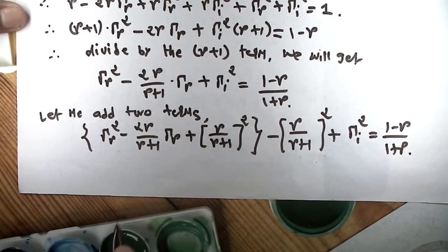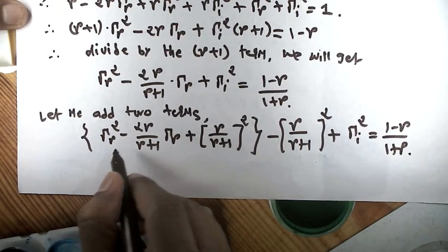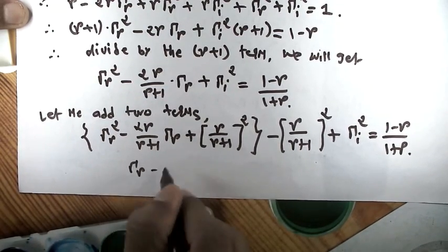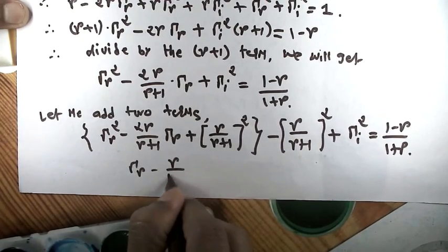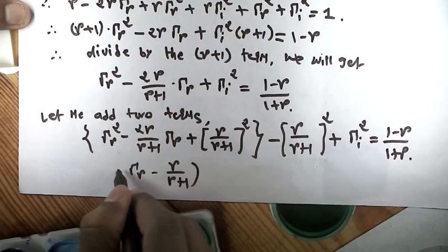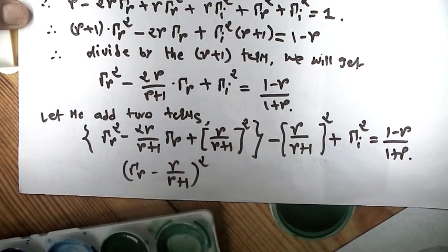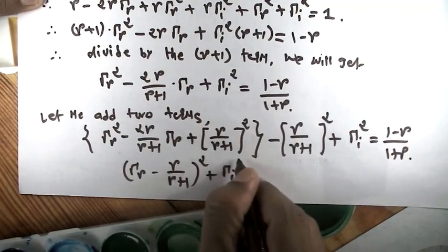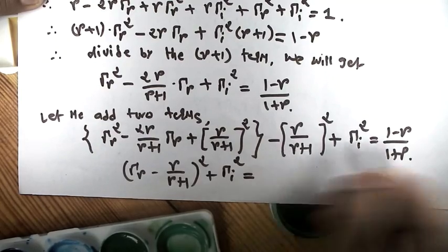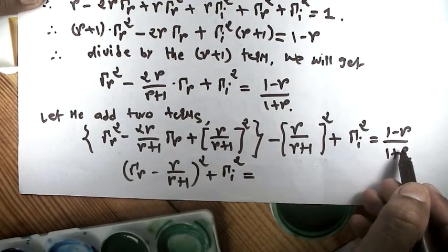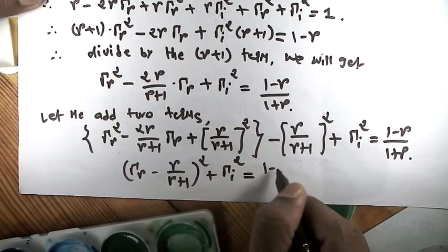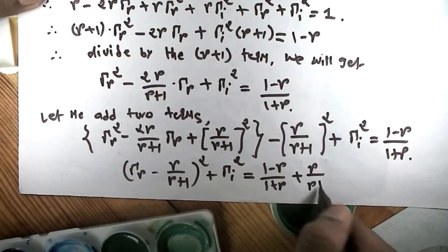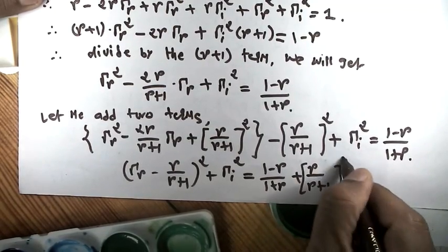So you can see that now this expression is nothing but equal to sigma r minus r over r plus 1 whole square. So now we have this equation: this plus sigma I square is equal to, so I put this part over the right side, then I will get 1 minus r over 1 plus r plus r over r plus 1 whole square.